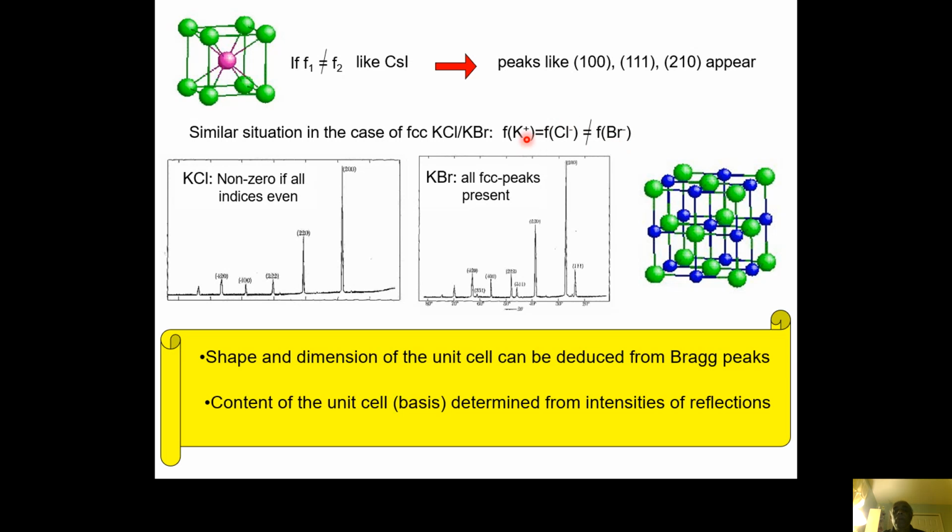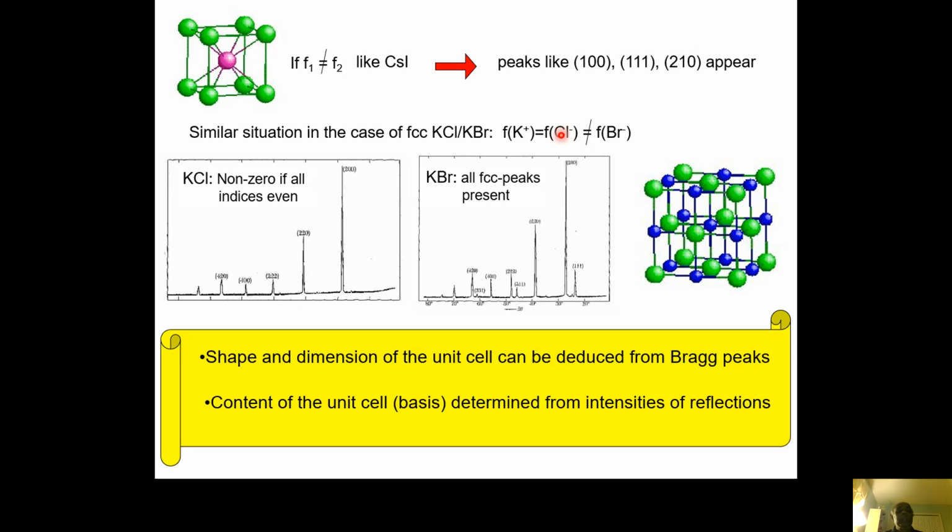So that's what I think. If you have FCC peaks, you will get all the reflections, like here 4, 2, 0, 3, 3, 1. So these are all even, all odd, all even, all odd. But if you take potassium chloride, you can see potassium and chlorine are equal. So that means some terms can subtract out.